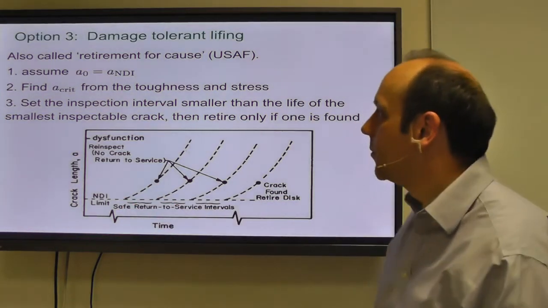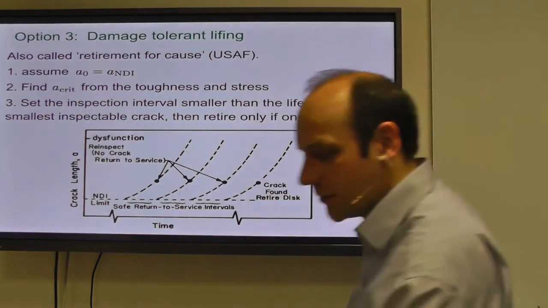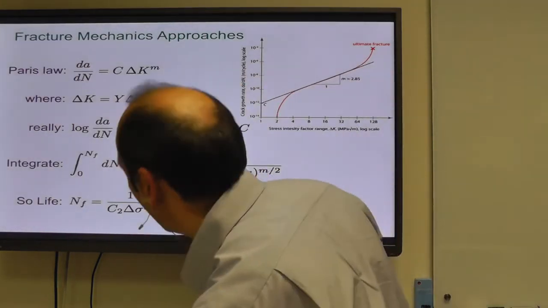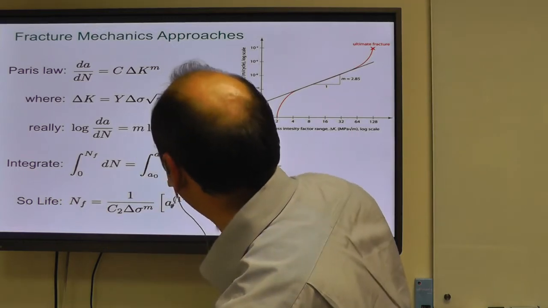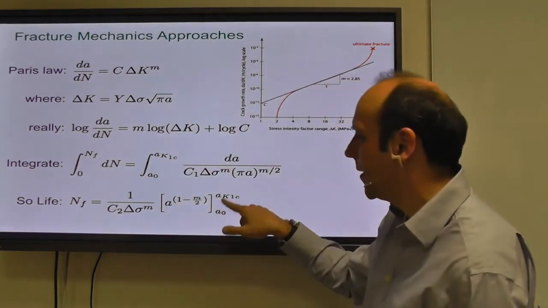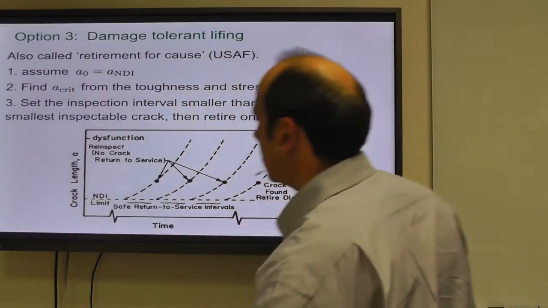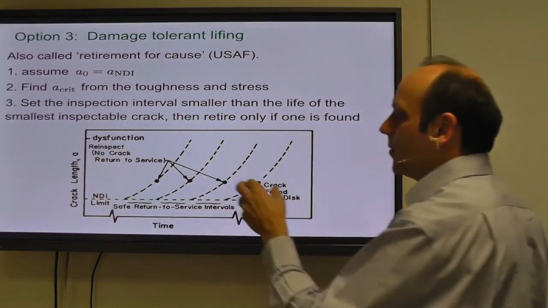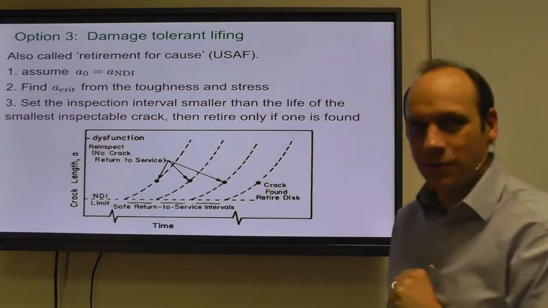So you can find the critical crack for fast fracture and find out how many cycles it would take you to get from the initial flaw size, a_NDI, to a_crit. So to get from there to there. And then that sets your inspection interval.